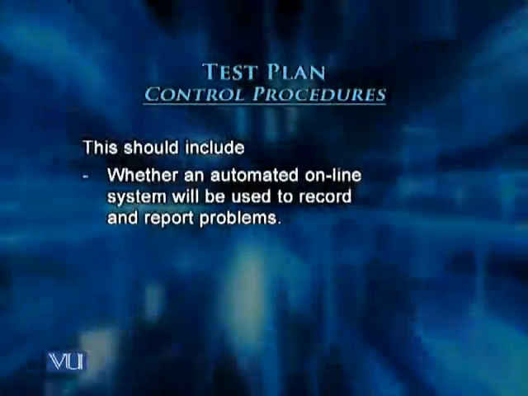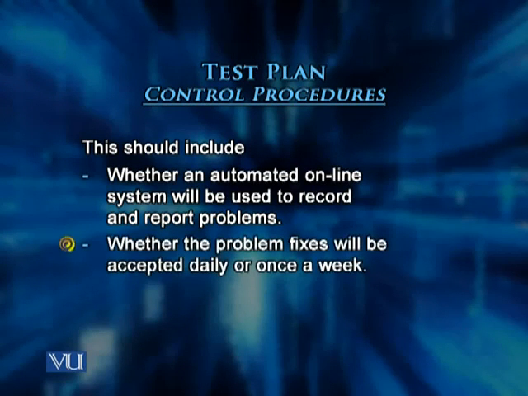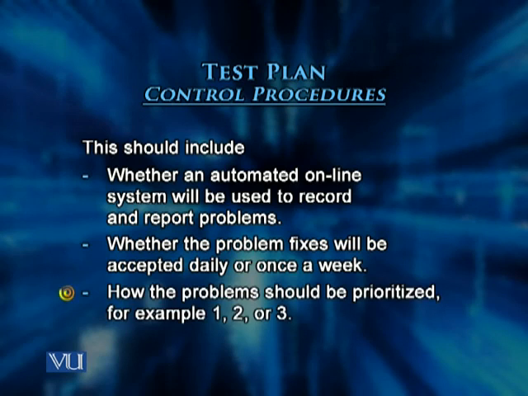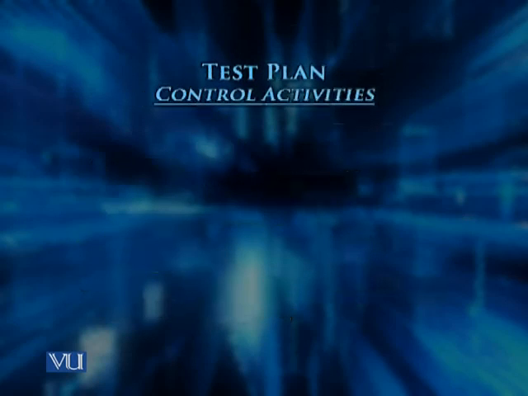This should include whether an automated online system will be used to record and report problems, whether the problem fixes will be accepted daily or once a week or on whatever schedule that is, and how problems would be prioritized. The next section in the test plan is control activities.